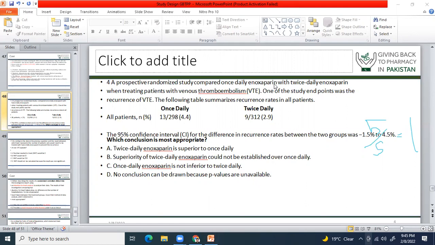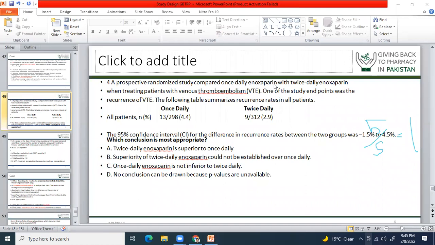So you can see all patients, out of which 13 have once daily and 9 are twice daily. The 95% confidence interval for the difference in recurrence is minus 1.5 to 4.5. So twice daily is superior to once daily.